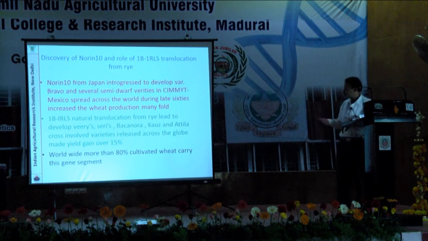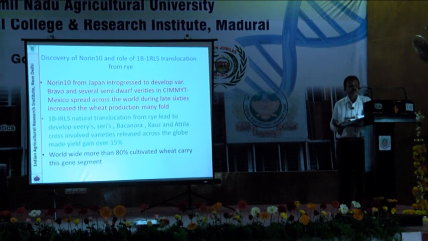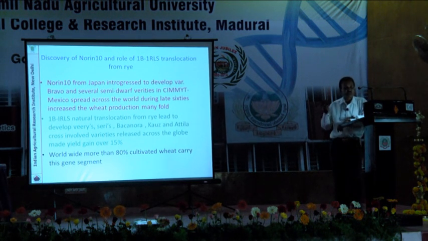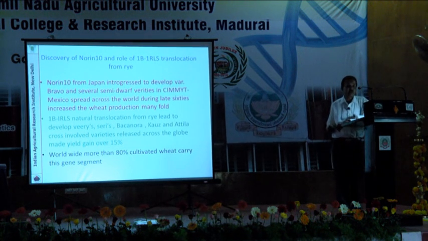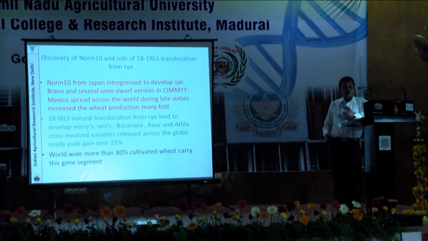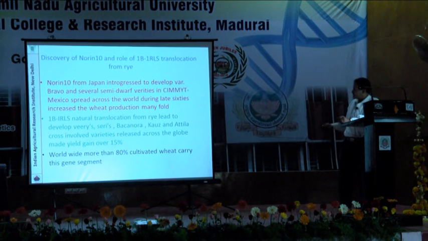Then came the deployment of the 1B1R translocation, which comes like a cassette: SR31 for stem rust, LR26 for leaf rust, YR9 for yellow rust, and PM8 for powdery mildew. These 4 genes came along with slow senescence of the leaf, which contributed to a 15% jump in yield. That's the biggest contribution.